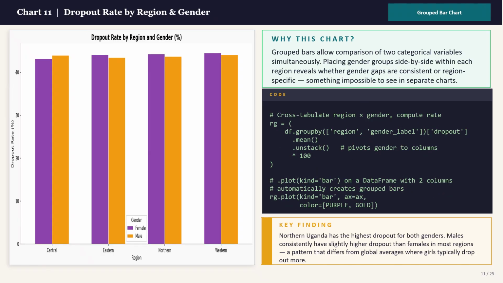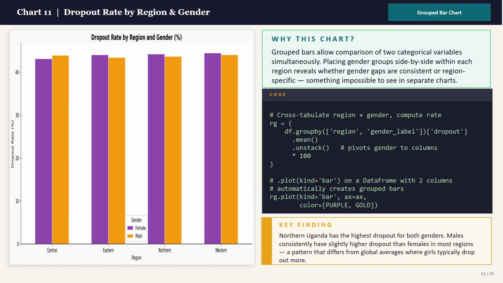We also plotted grouped bars to place dropout rate against region and gender. We have these grouped bars because they allow comparison of two categorical variables simultaneously.